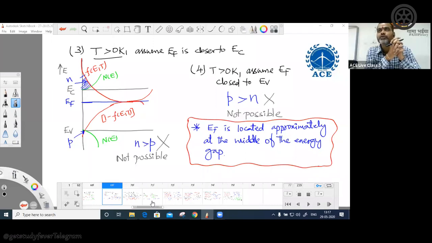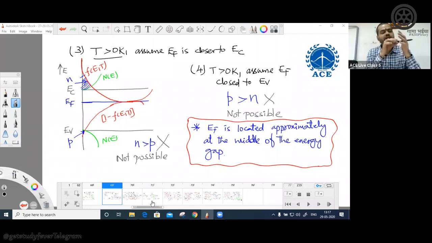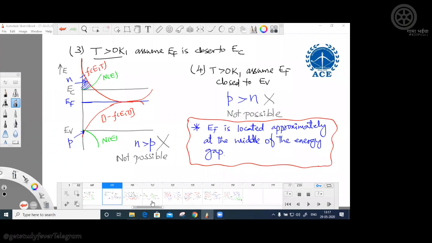Maybe, but you are not in a position to sense it. It may get excited, but it cannot go into the conduction band. Will it go into the forbidden gap and come back? There are no energy levels present there, so it cannot stay.